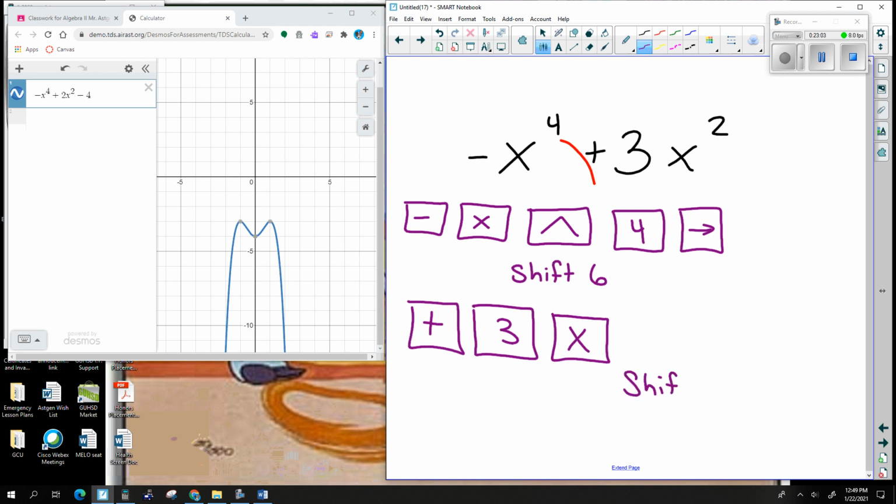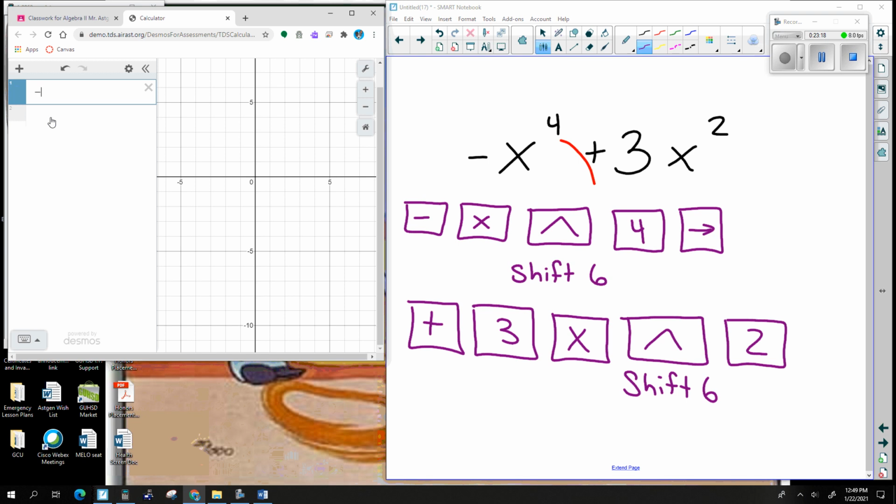Again, shift 6, which is the caret. So again, that would be negative x, caret, up at 4th, arrow over, plus 3x, caret 2. There it is. That's how I enter that equation.